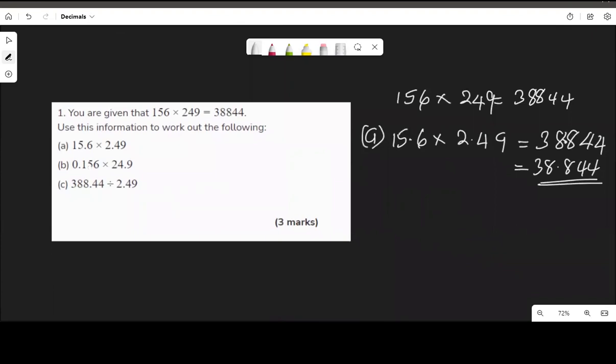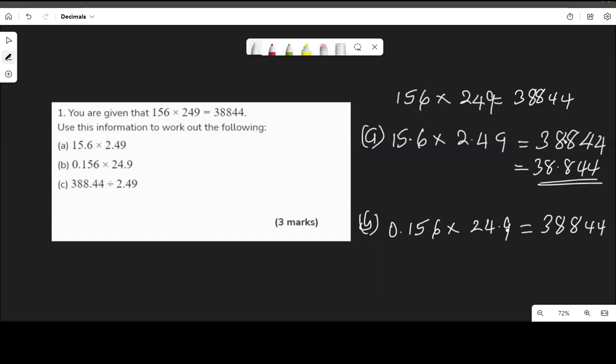Then the next one says 0.156 multiplied by 24.9. Again, we write this answer, which is 38844.